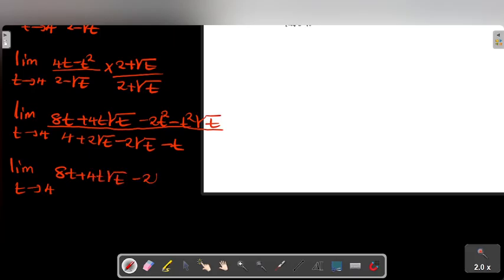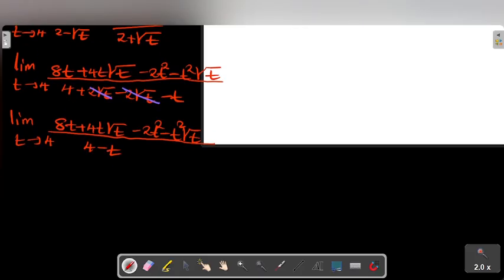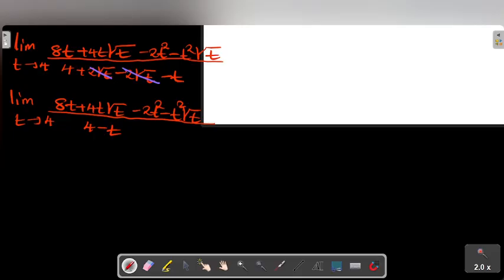Then over: we can see that 2 root of t can cancel with negative 2 root of t. So down we just remain with 4 minus t. Here, even if you substitute, you still get the denominator equal to 0. That's what you're going to get.